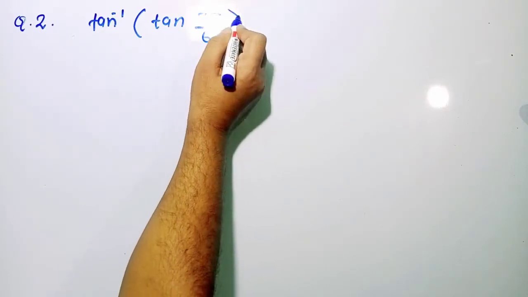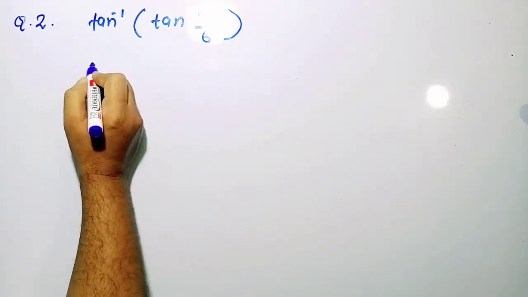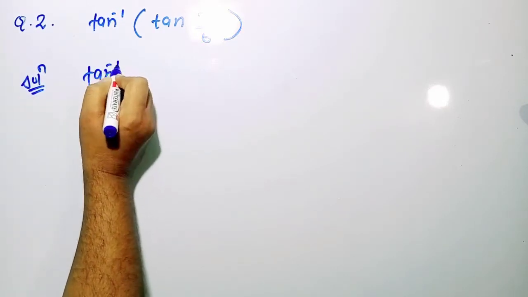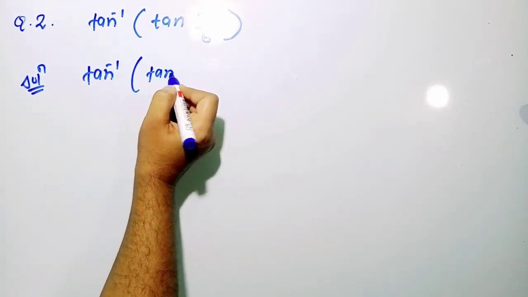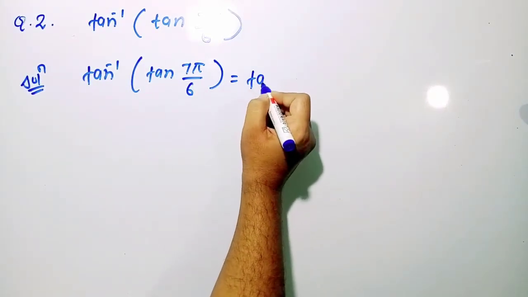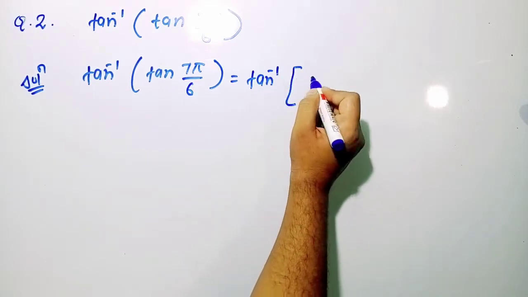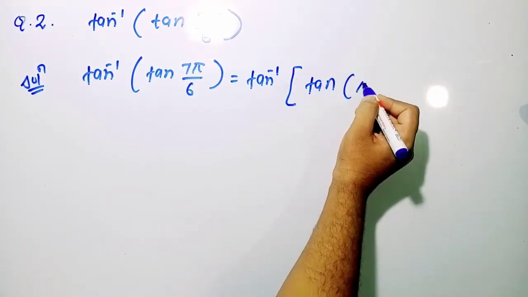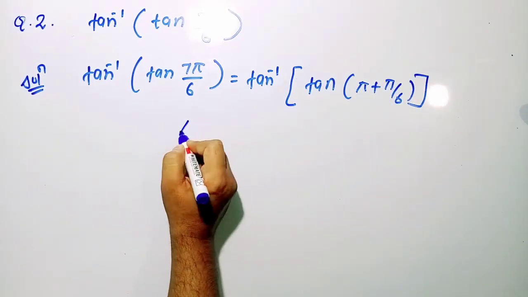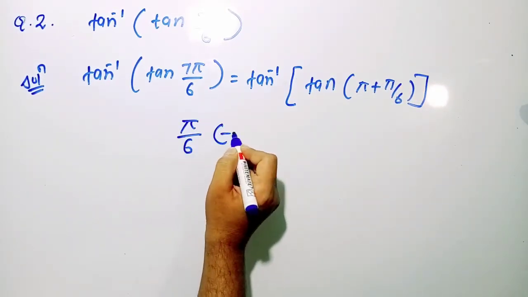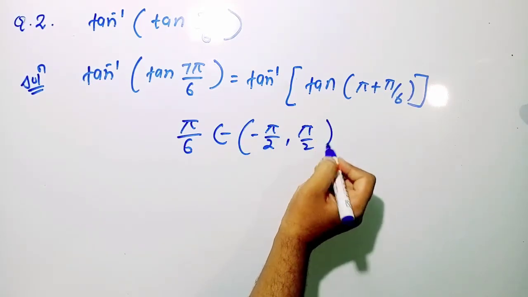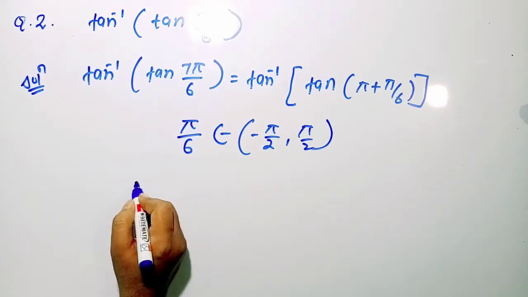Tan inverse tan 7 pi by 6. So students, we will solve this question similar to the previous one. Tan inverse tan 7 pi by 6. Now 7 pi by 6 can be split as pi plus pi by 6, so again pi by 6 lies between minus pi by 2 to pi by 2, right students?